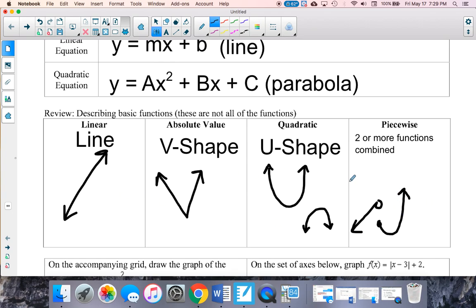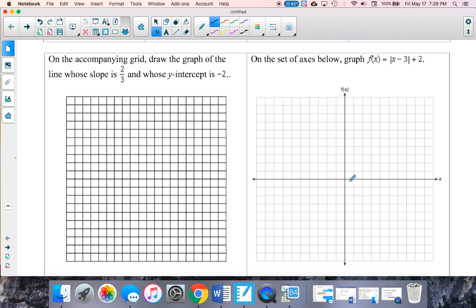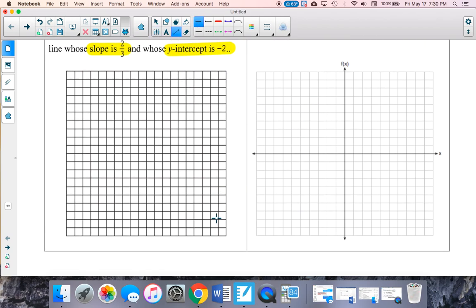So let's get practicing. First problem over here. On the accompanying grid, draw the graph of the line whose slope is 2/3 and whose y-intercept is -2. Before I can even start graphing, I actually need to make my x and y axes.